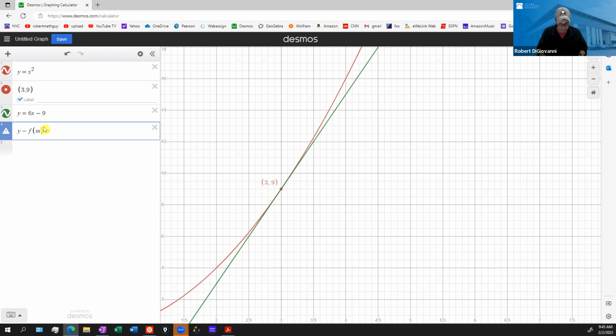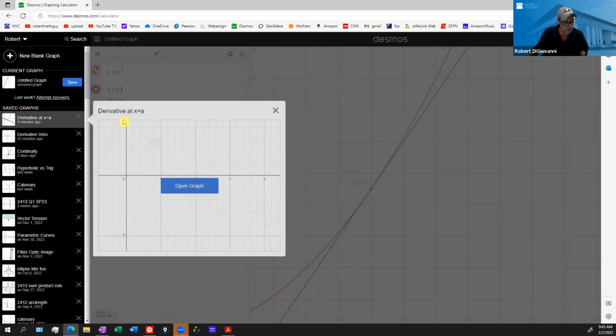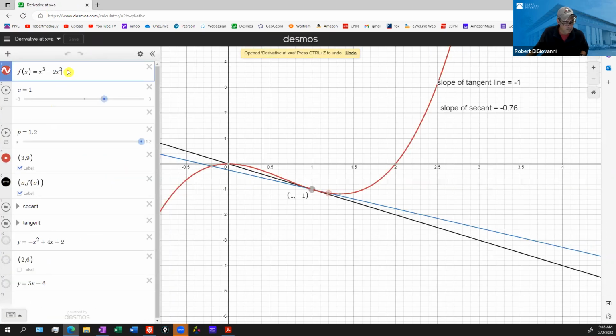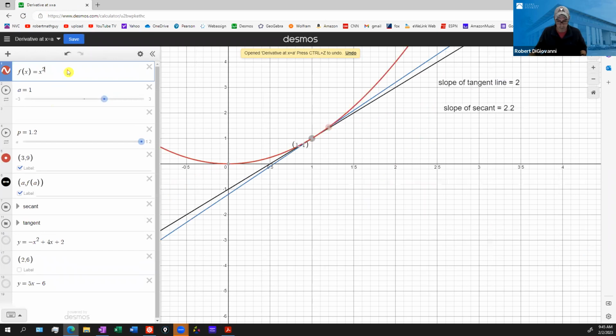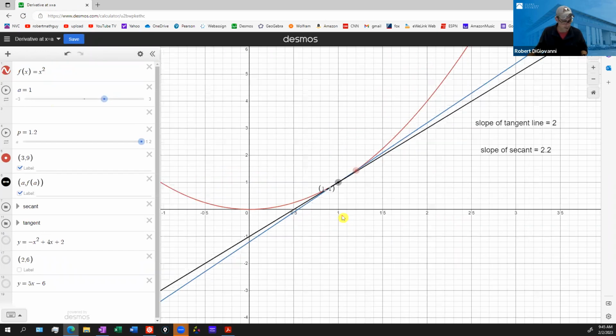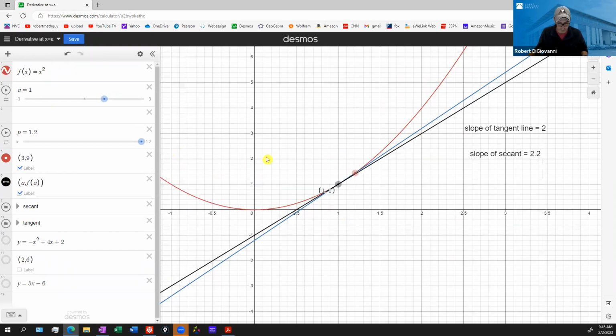I'm trying to decide if I want to do this. You know what? I can probably do it with the other one. Let me do this. I'm going to change this function to just x squared. That's what I'll do. All right, there we go. Let me take some of this off of here.